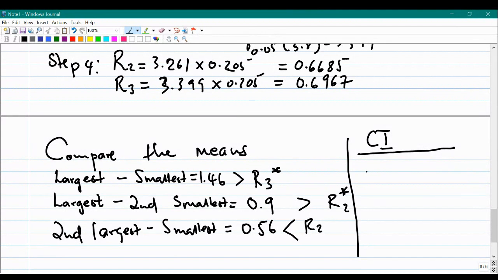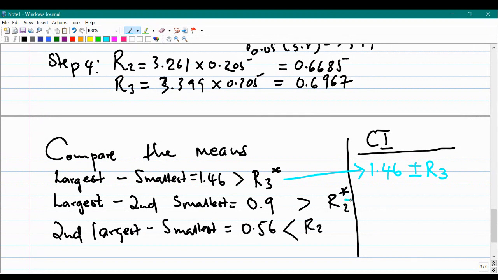So if you want to find the confidence interval for the first, can I use a different color here? For the first one here, you will say 1.46 plus or minus R3.